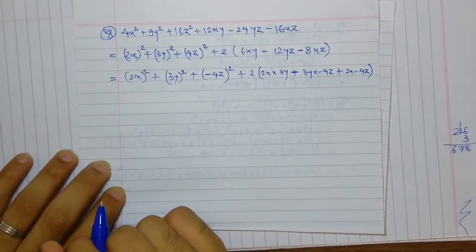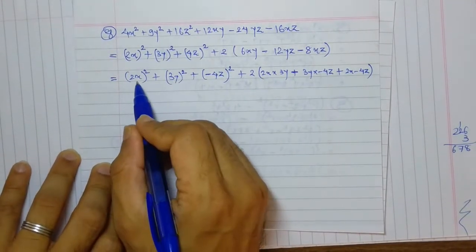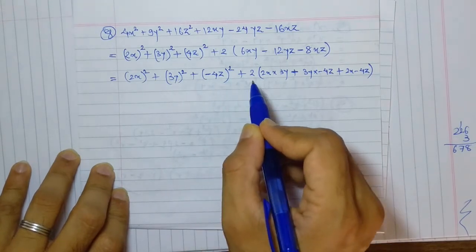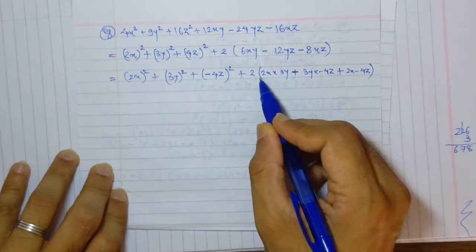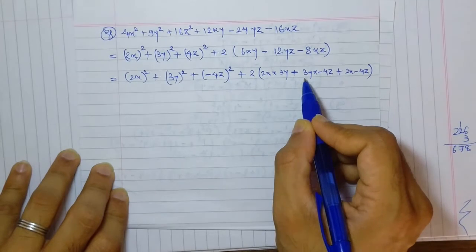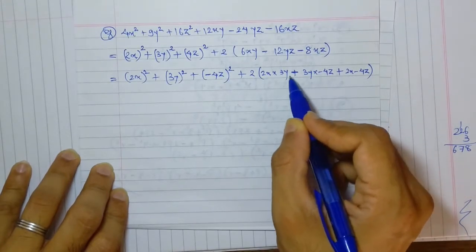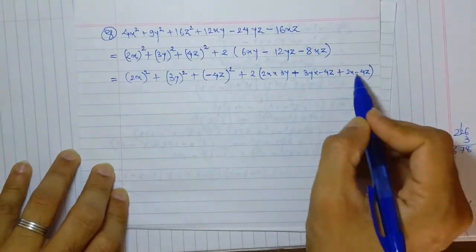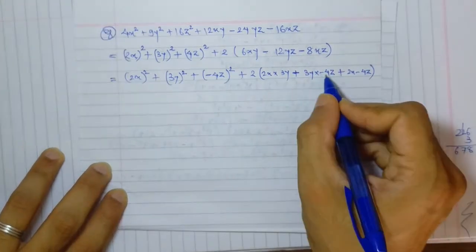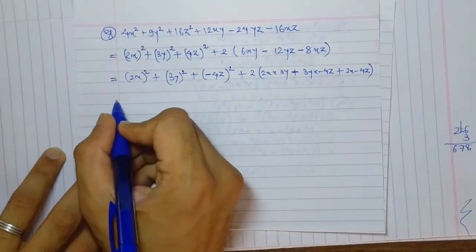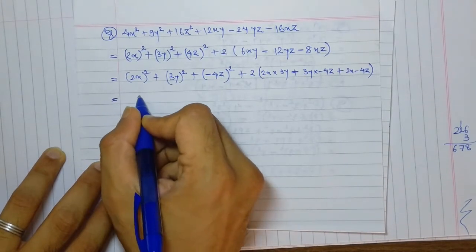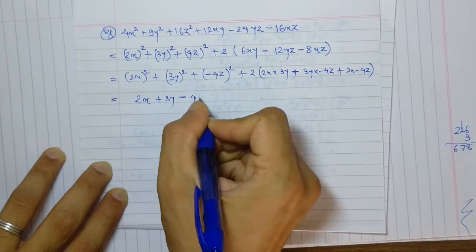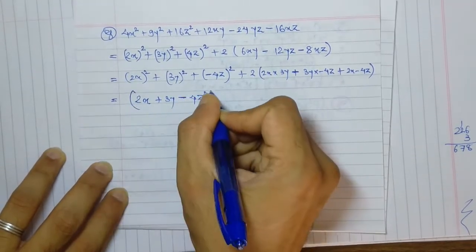What is the form here? a square plus b square plus c square plus 2 bracket ab plus bc, which will become minus bc because c is minus, plus ac, which will again become minus ac. So 4z is minus, that I know now. So this can be written as (2x plus 3y minus 4z) the whole square.